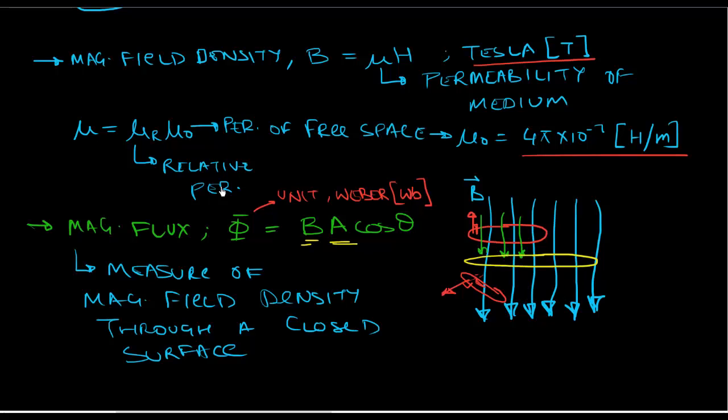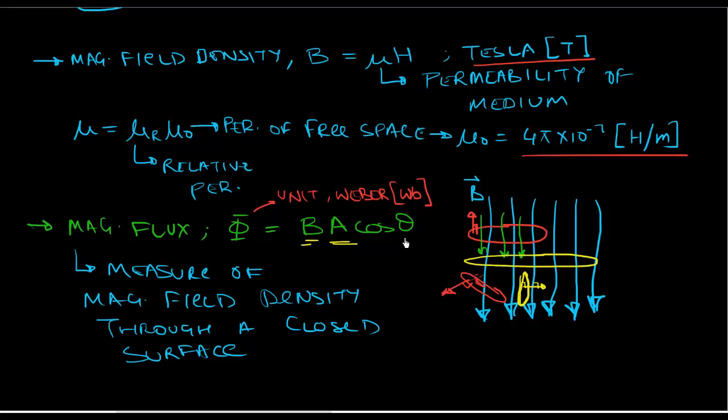And I can go to another extreme and have a surface which is parallel to the field lines, and then my normal is making an angle of 90 degrees with the field lines, and the magnetic flux through this surface is 0 because it's parallel to the magnetic field lines.